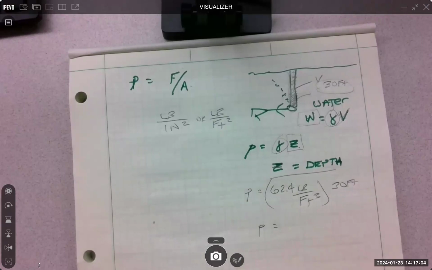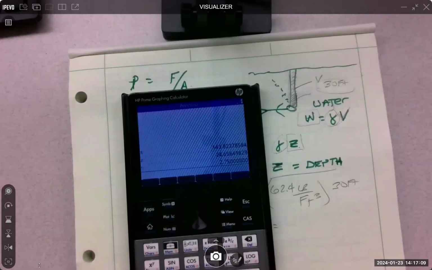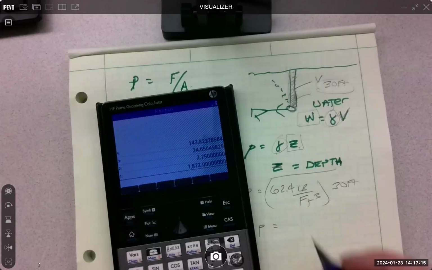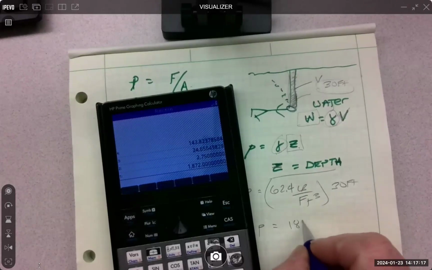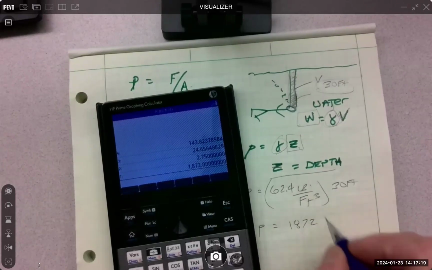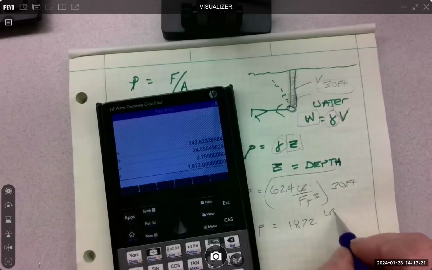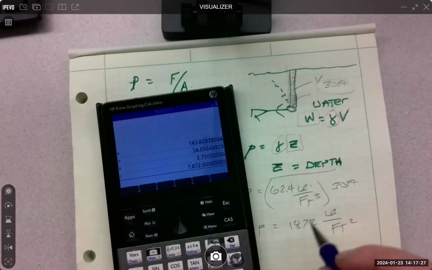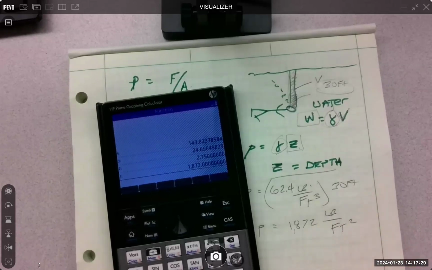Let's calculate it real quick. 62.4 times 30 is 1,872 pounds per foot squared. Right? Now, it feels like a lot of weight when you're 30 feet deep, right?